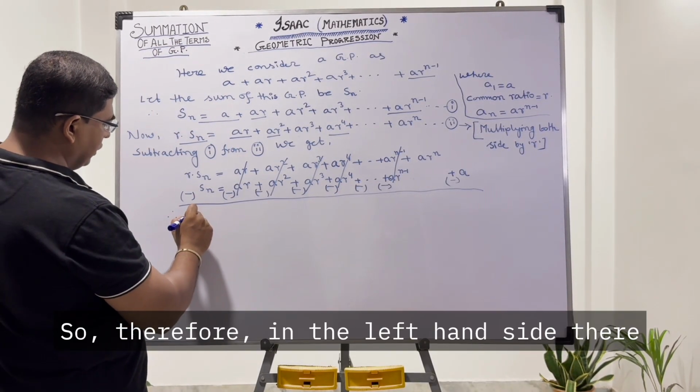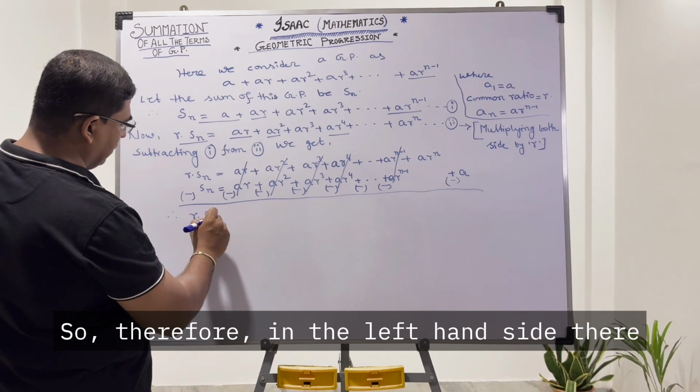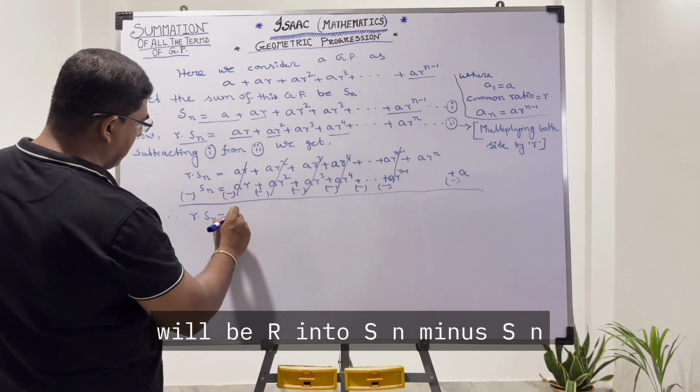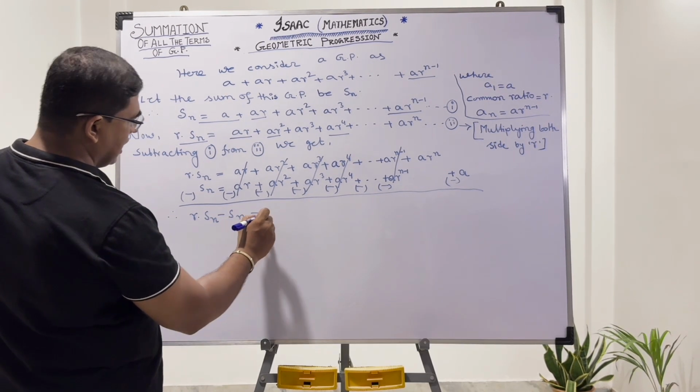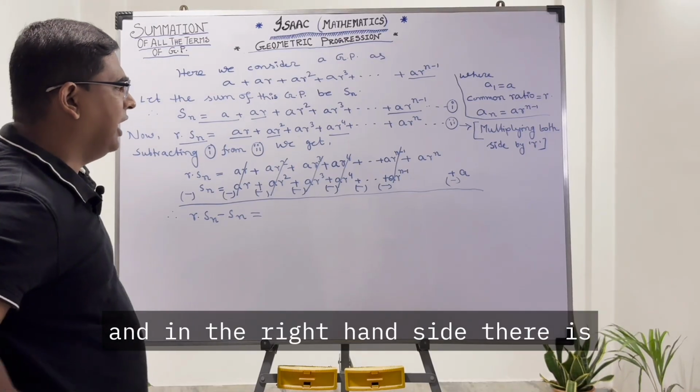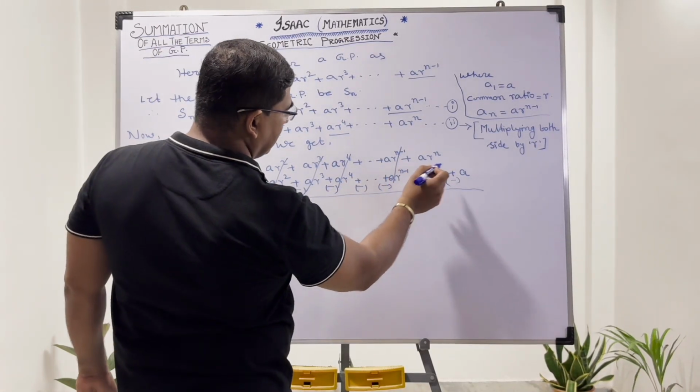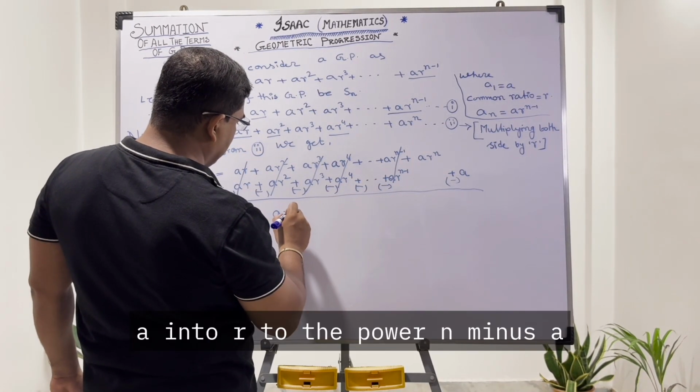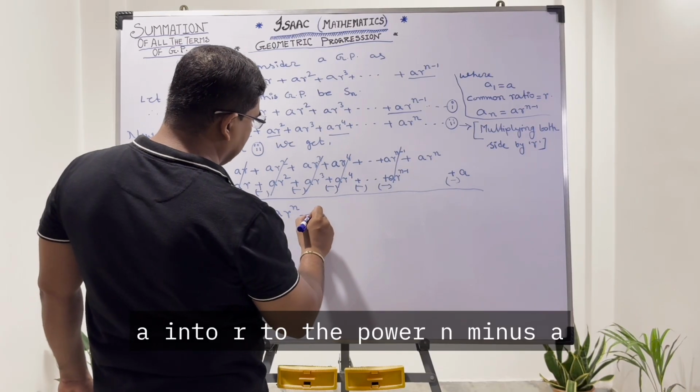So therefore, in the left hand side there will be R into Sn minus Sn, and in the right hand side there is A into R to the power n minus A.